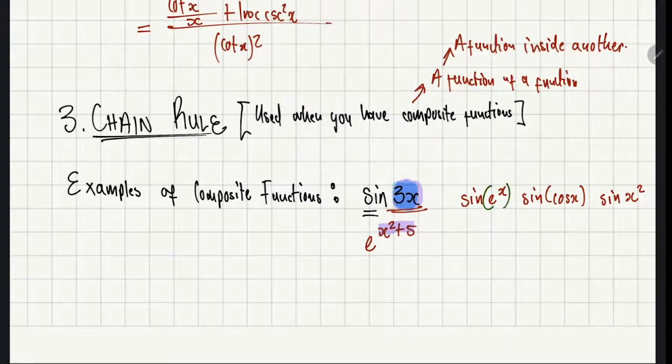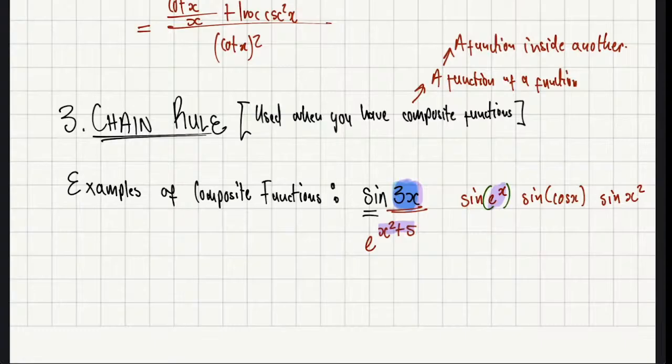I did not say sine x e to the x. No, no, no. If it is sine x e to the x, then they are multiplying. But it is sine of e to the x. E to the x is not x. So they have removed x on sine x and put e to the x.